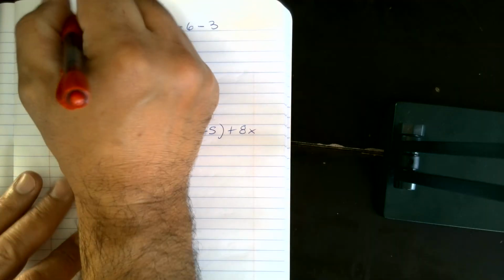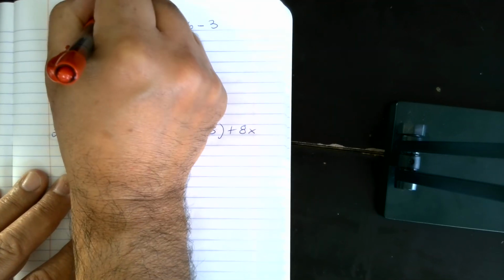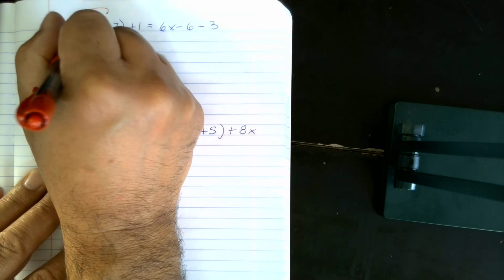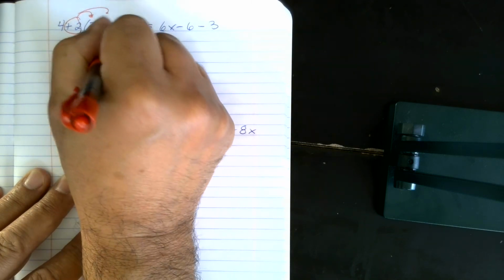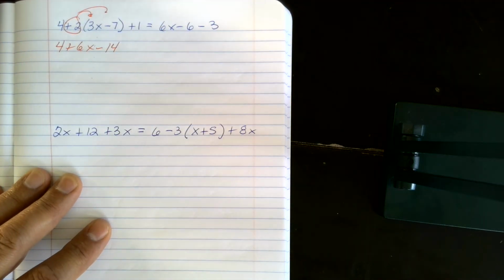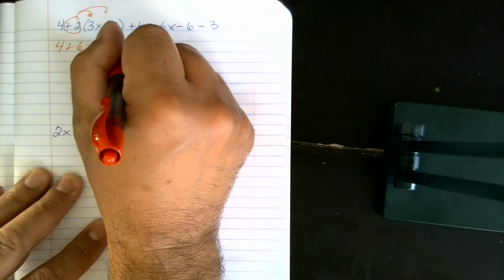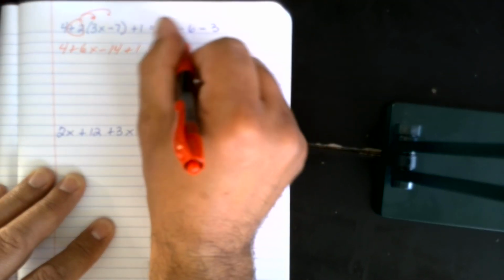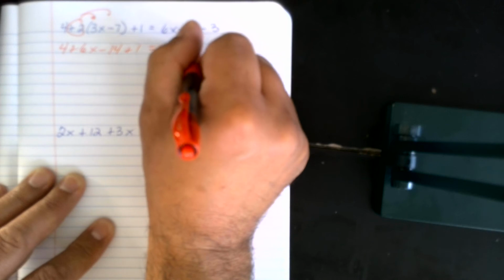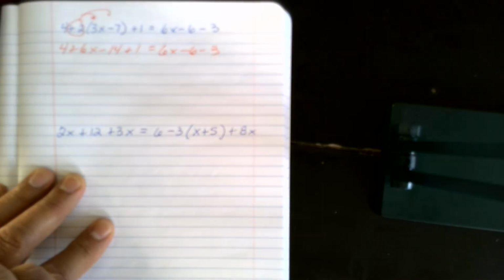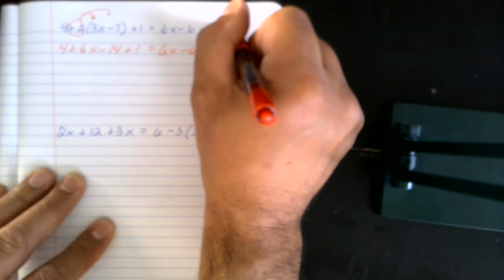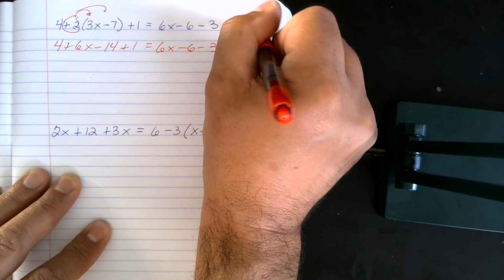So I have parentheses. I want to distribute to remove the parentheses. I distribute the 2. I get 6x minus 14. No parentheses over here. Now I want to combine my like terms.